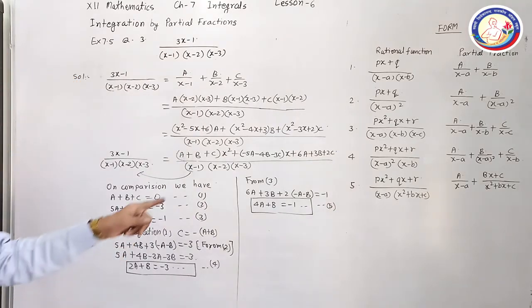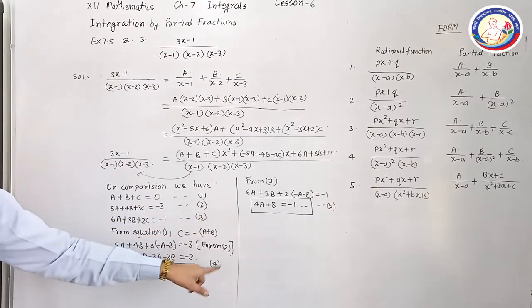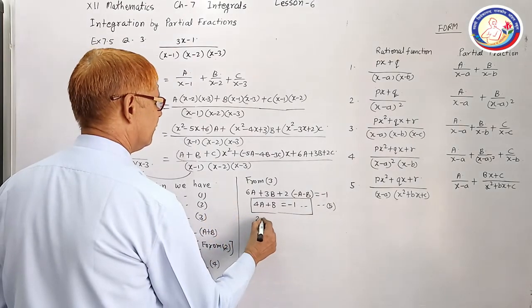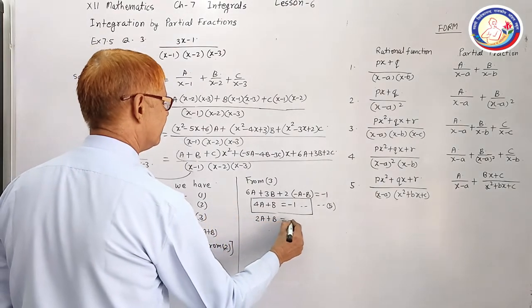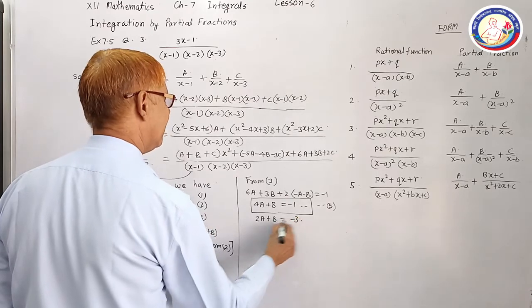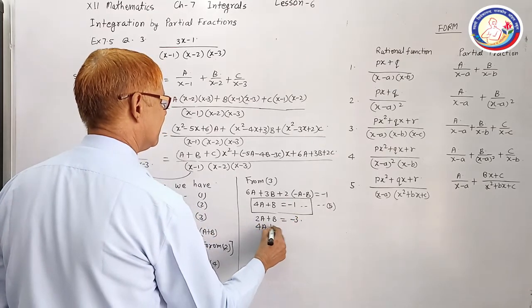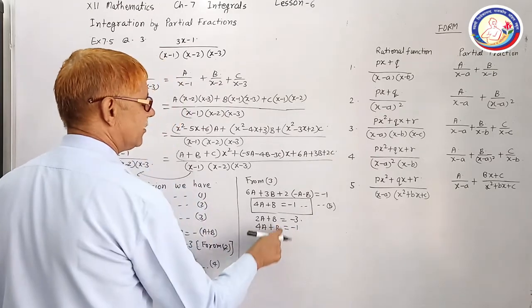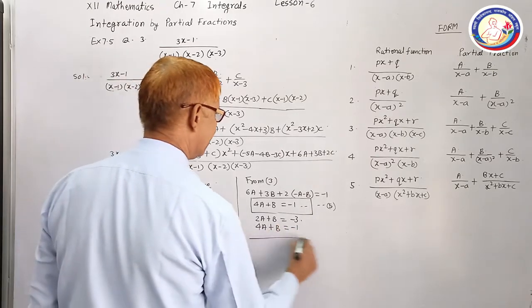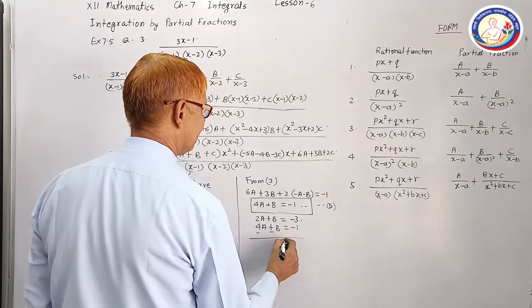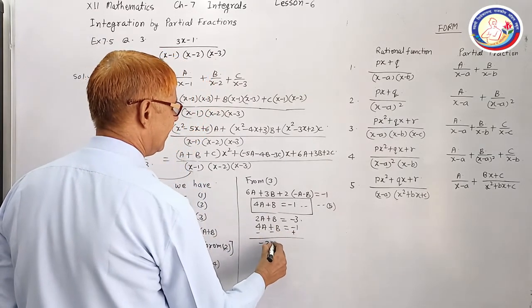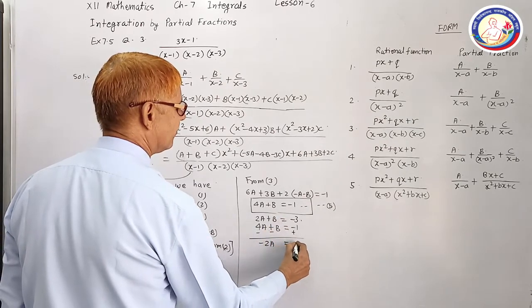Now find the values of A and B with equations 4 and 5. So we have 2A plus B equal to minus 3 and 4A plus B equal to minus 1. The coefficients of B are equal, so subtracting them, this will be minus 2A plus 0 equal to minus 2.